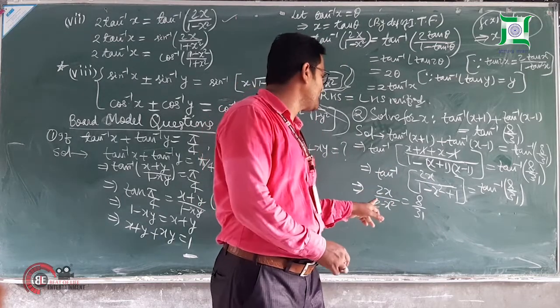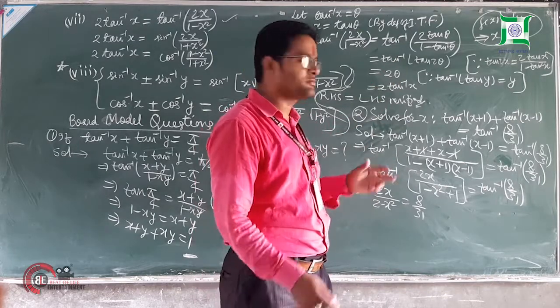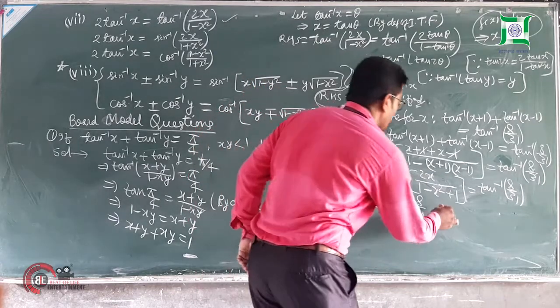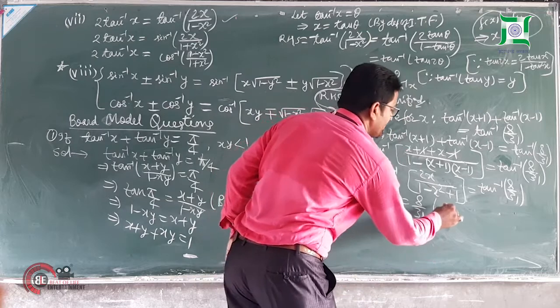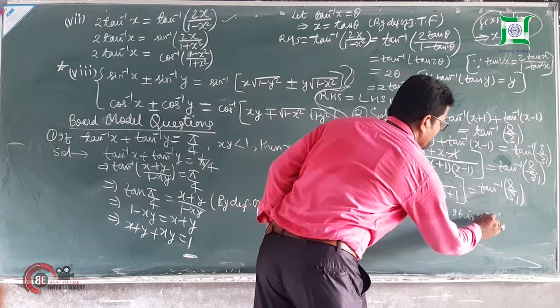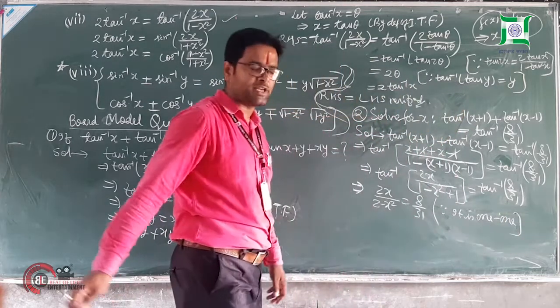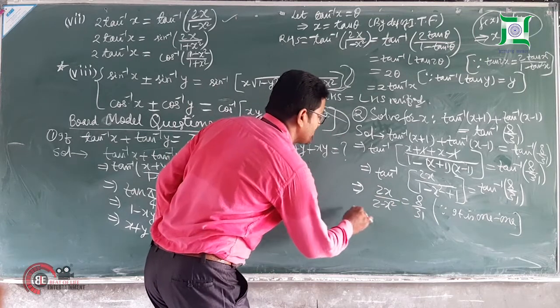So in this way it is made equal. Don't think it is due to that cancelling. Now you will write, since the function is 1, 1. That's right. Now solve it.